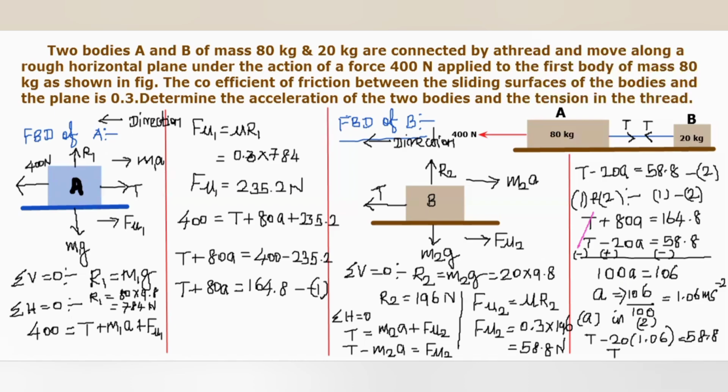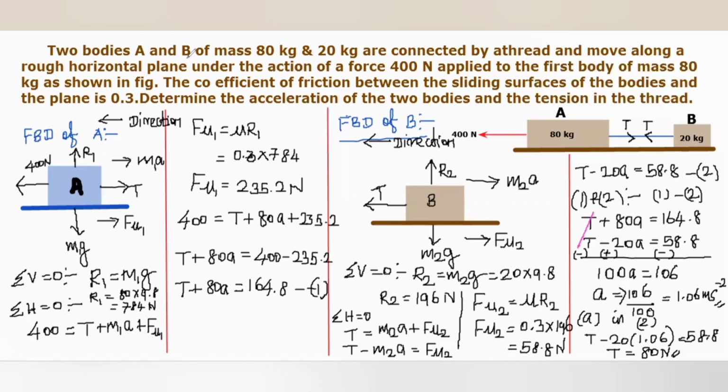From this we will get tension equal to 80 Newton. If you simplify, we get the value of tension equal to 80 Newton. So these two are the final requirements of this numerical.